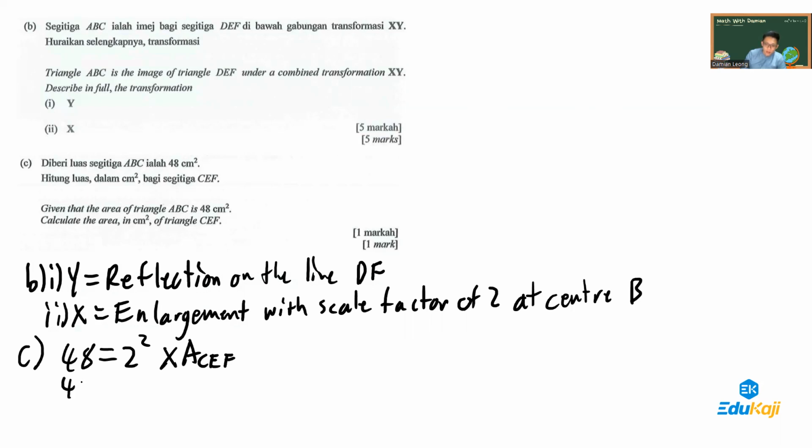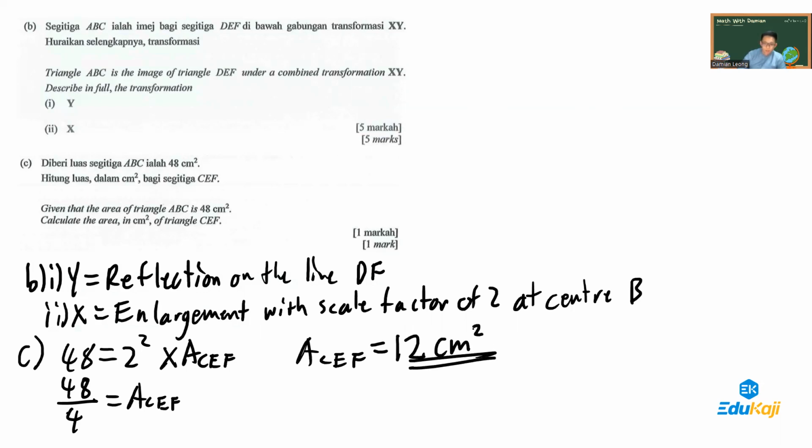So to find the area of the object, divide by 2 squared, which means divide by 4. So the area of CEF is 48 divided by 4, which is 12 cm squared. That's it.